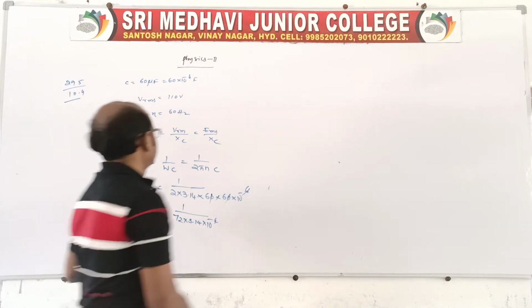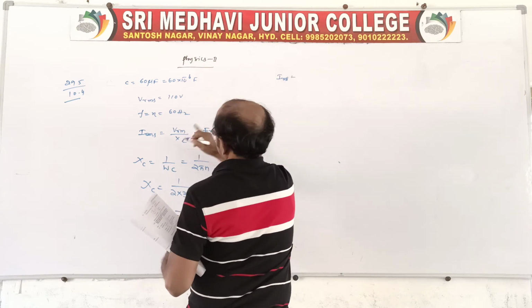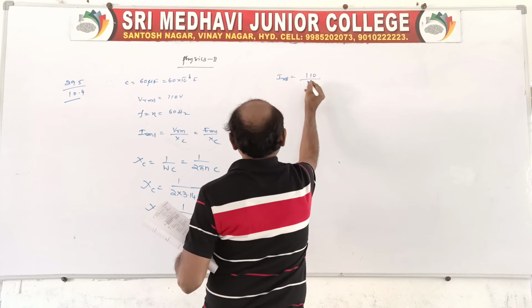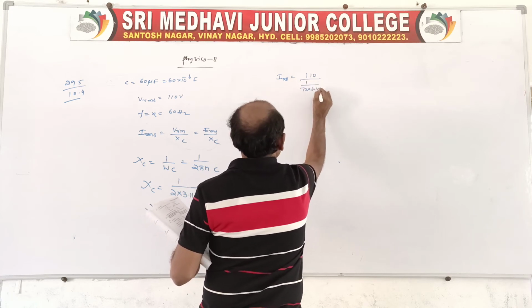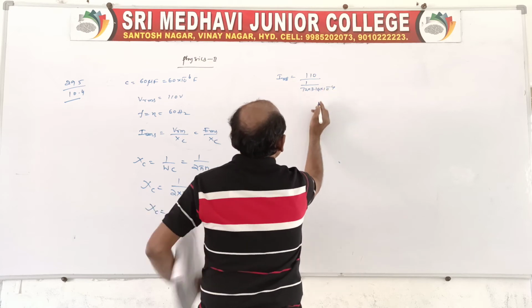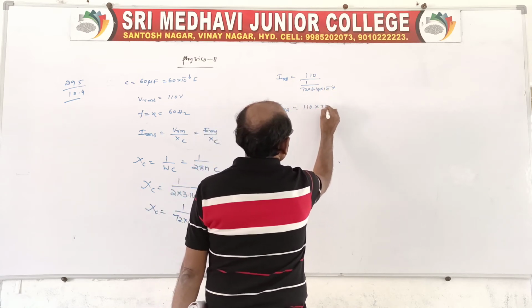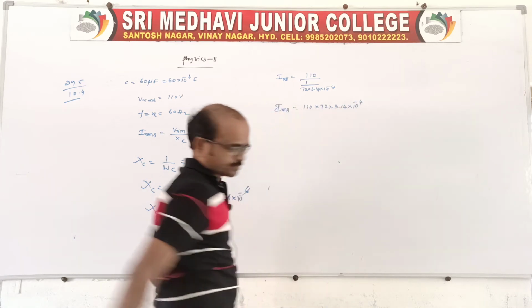Now we know X C. Get I RMS. I RMS is equal to V RMS, given 110, by X C. It is 110 by 1 by 72 into 3.14 into 10 power minus 4. So I RMS is equal to 110 into 72 into 3.14 into 10 power minus 4.